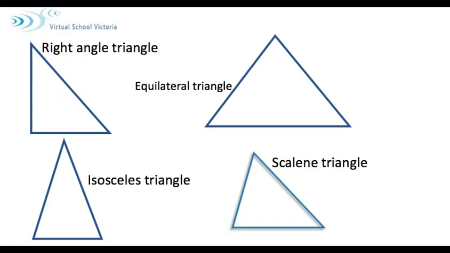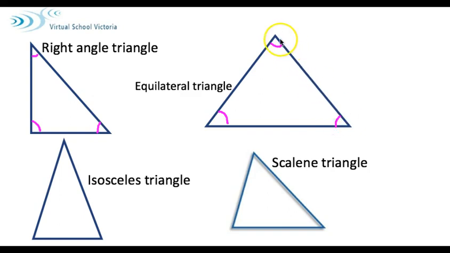This one is a right angle triangle because it does have a right angle and two 45-degree angles, which will make it equal 180 degrees. Every triangle equals 180 degrees. The equilateral has three equal sides and three equal angles.